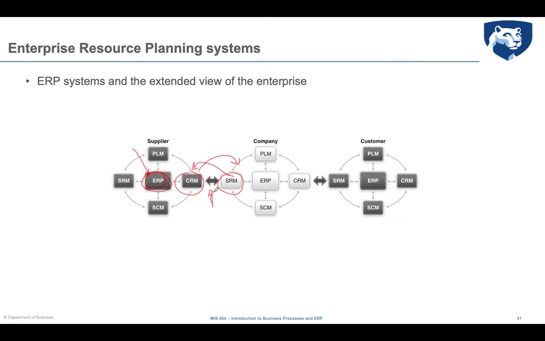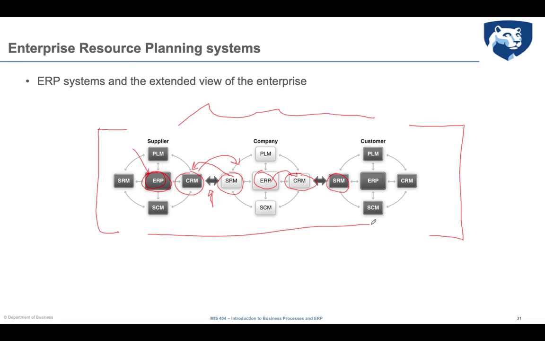These systems need to be integrated with the ERP of the company, which in turn is linked to the CRM, which is in link with the supplier relationship management of the customer. So advancing the development of this system helps to realize the extended view of the enterprise, because information systems help different companies in the network to be connected and integrated in the execution of their processes.